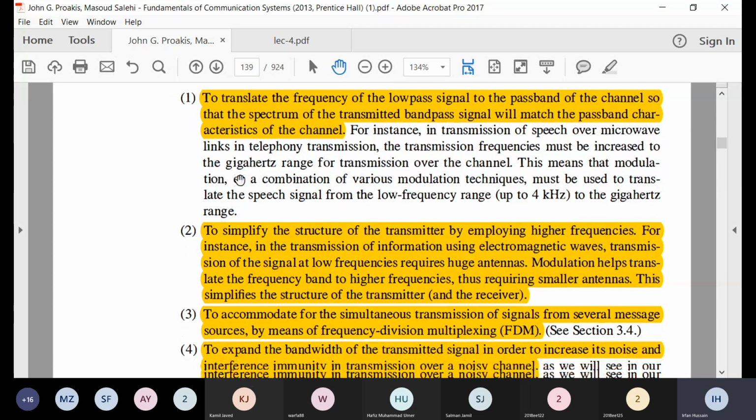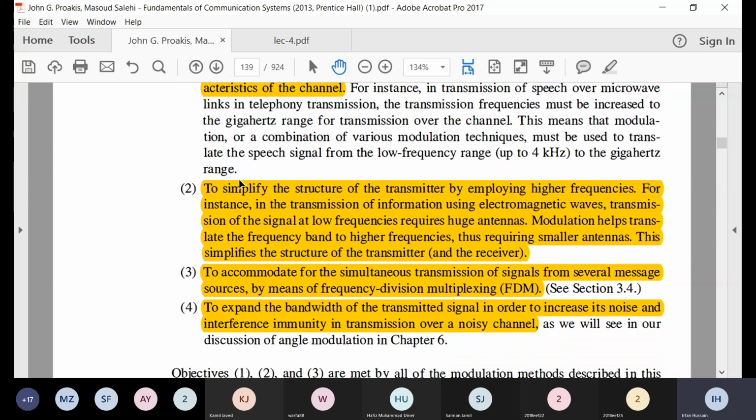Second thing is also that lower frequencies have larger wavelengths. Larger wavelengths means they will have large antenna requirements, if you need to send those signals not through wire but through wireless, through Maxwell's equations in free space. In that case, you need antenna structures that can transform the electromagnetic signals in the wire to free space electromagnetic waves.